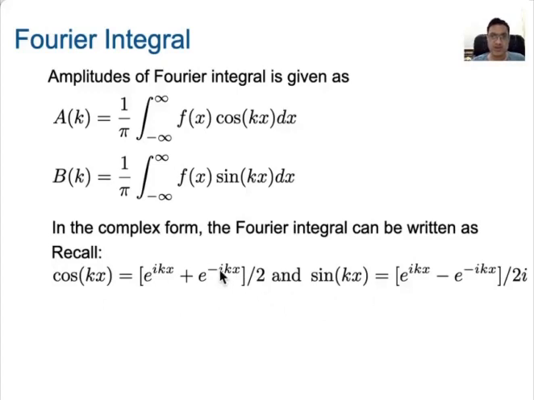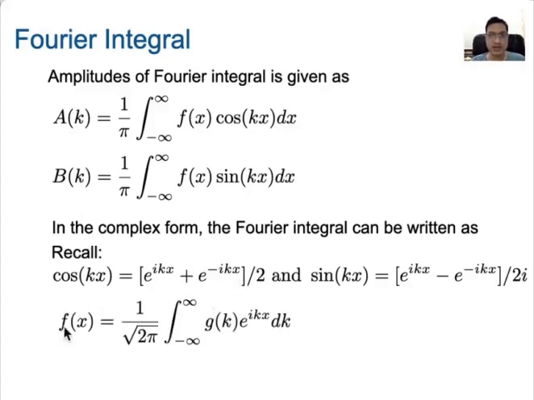Once you substitute it and collect the ak and bk combinations, there is one term with e to the power ikx and another with e to the power minus ikx. Then everything will simplify, and finally we can write f of x as an integral over g of k, e to the power ikx dk, with a normalization constant.